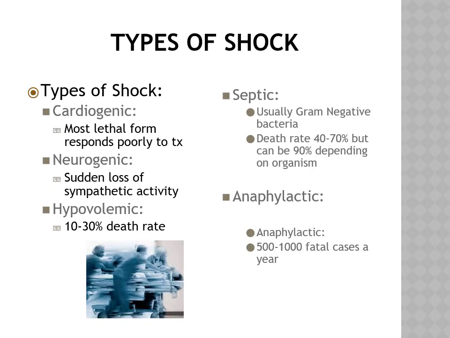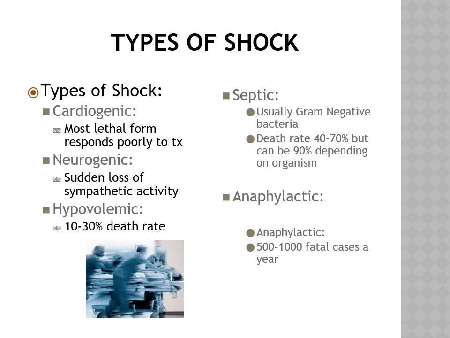And hypovolemia usually occurs as a result of the loss of blood or fluid. Septic shock would be as a result of an infection that has crossed into the bloodstream. It has a very high mortality rate, up to 90% depending on the type of organism. So early intervention is key from the nursing standpoint.